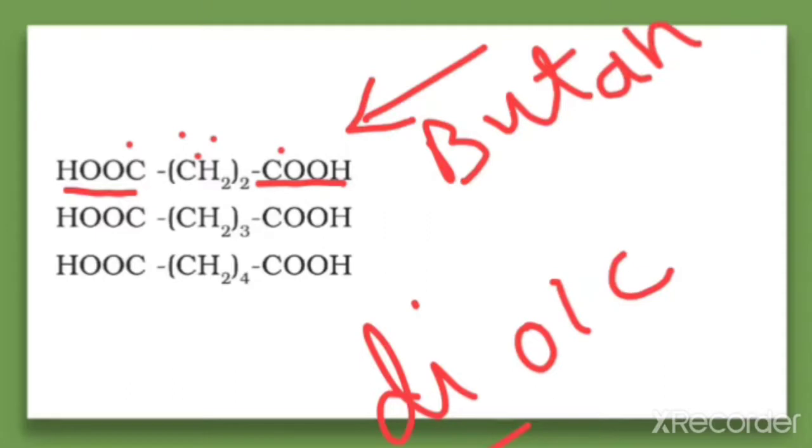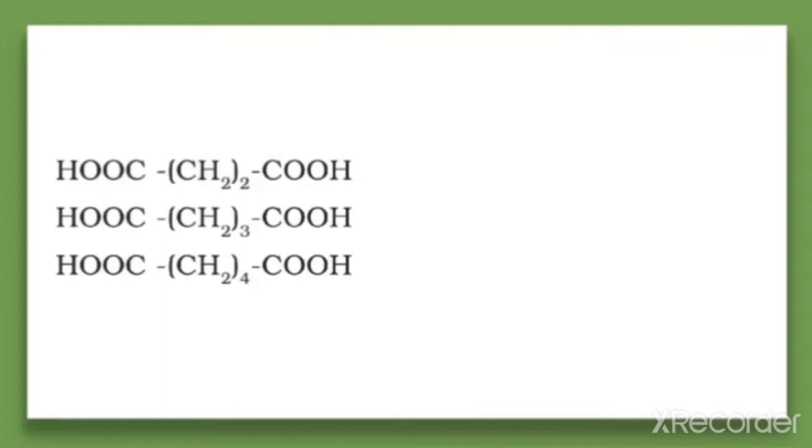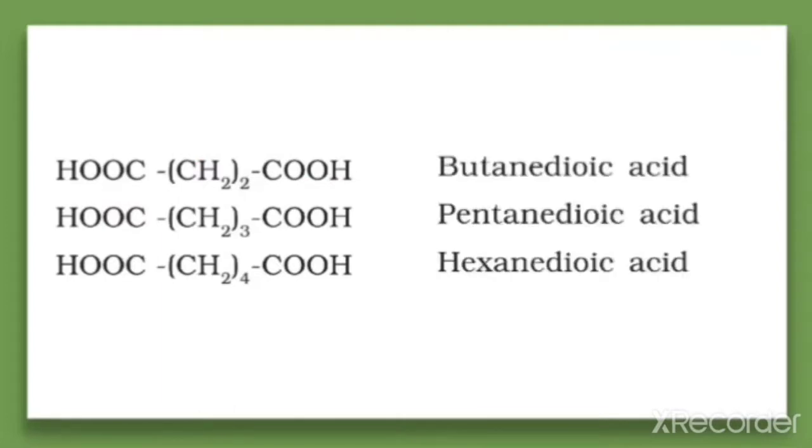So butanedioic acid. The other one is named in this way. Here a total of 4 carbons, so butanedioic acid, and in the next there are 2 carboxylic acid carbons and 3 CH2s. So a total of 5 carbon atoms are in the main chain, therefore we have to use pent, and here also 2 acidic groups are there, therefore we use the word dioic acid.